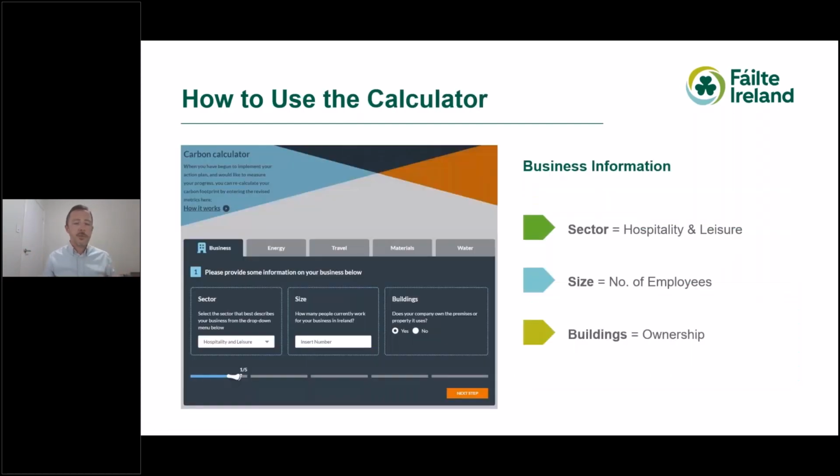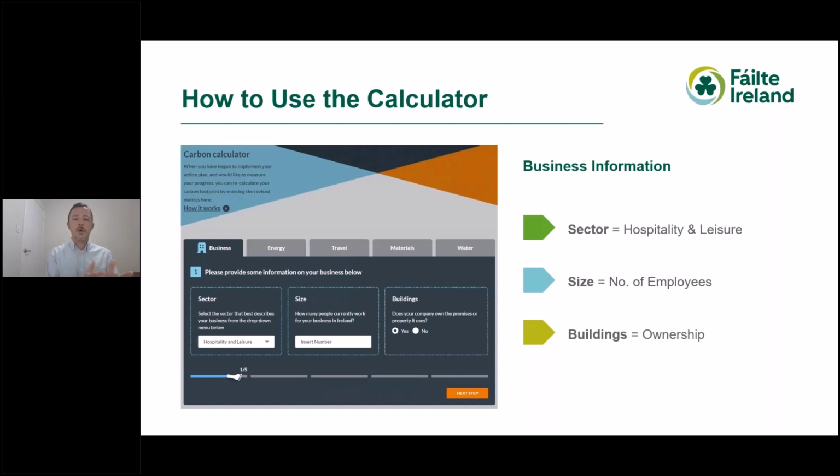Okay, as we said before, we start with some business information. This is really to set the expectation for where your data fits within the wider, broader Irish economy. You are in the hospitality and leisure sector. That puts some expectations and boundaries on the ranges of carbon emissions we should expect. The size of your business really helps to give a normalization.